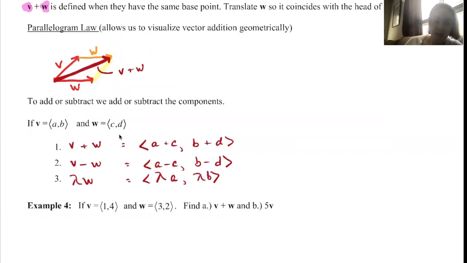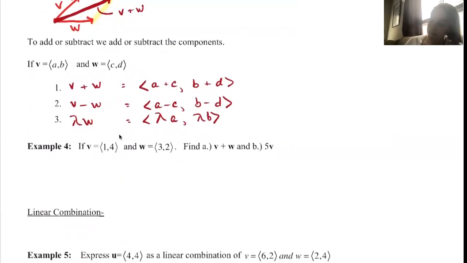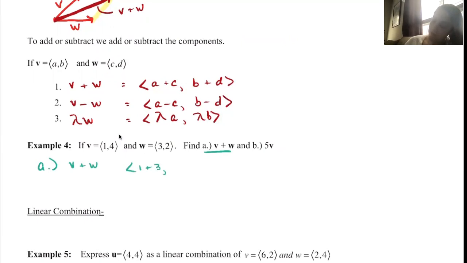Good. Example 4, if vector V has the components 1, 4, and vector W has the components 3, 2, find V plus W and then find 5V. So V plus W would be equal to 1 plus 3, and then 4 plus 2.